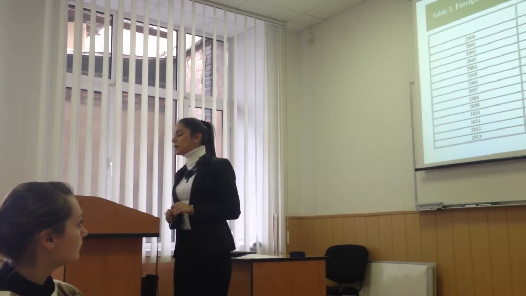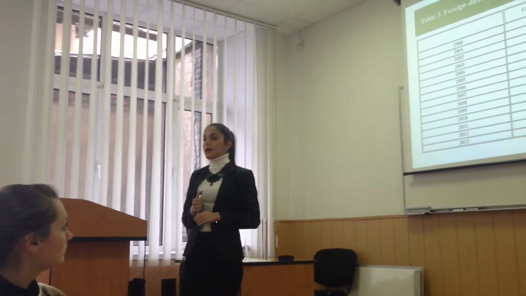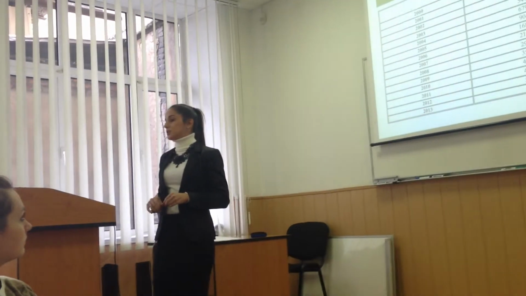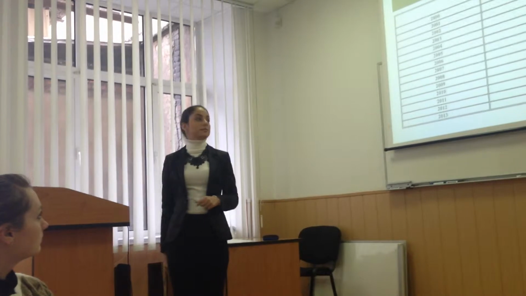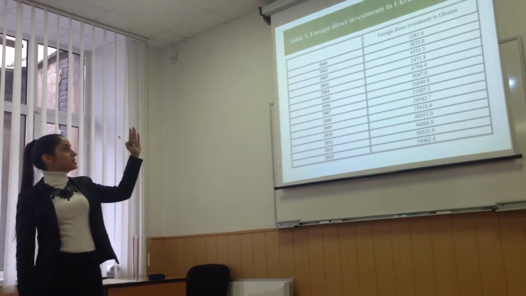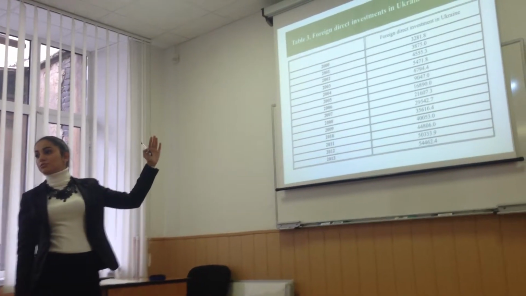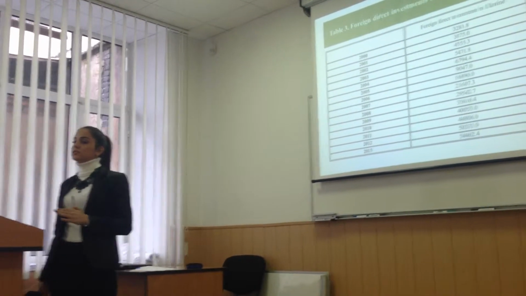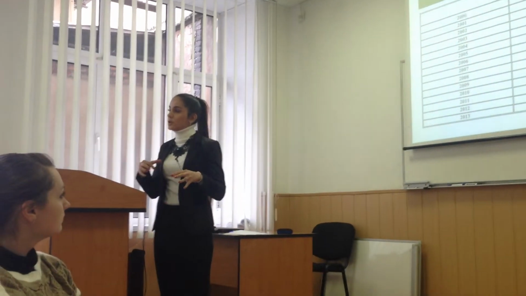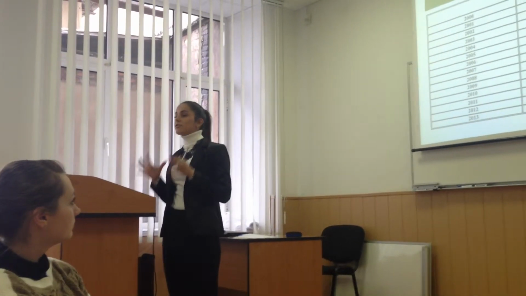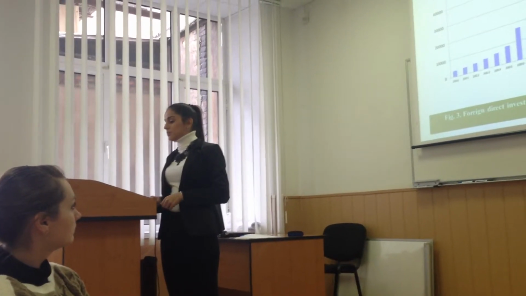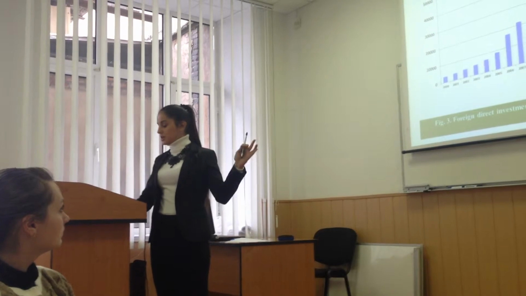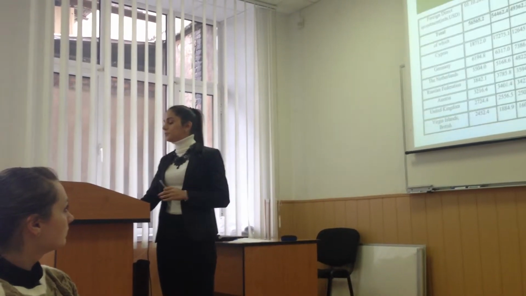So first of all, I would like to pay attention to the flow of foreign direct investments in Ukraine. And you can see that this flow increased rapidly since the 2000s, by more than 10 times. So foreign direct investments are coming into our country, but they are still very, very small. Here is the same information presented in a graph.